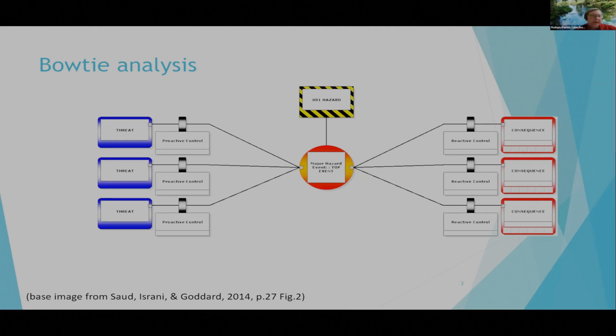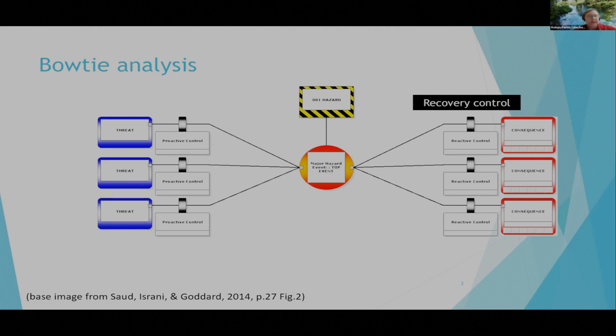So bow tie analysis is a risk technique that visually identifies the relationship between threats, consequences, the top event or the cause, and the controls, which can be either proactive or preventative, and reactive or recovery.